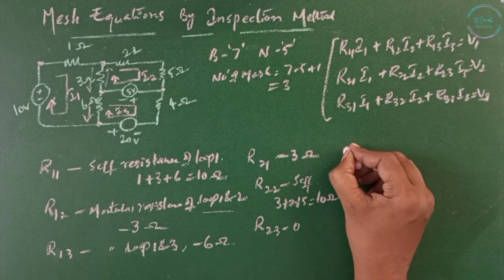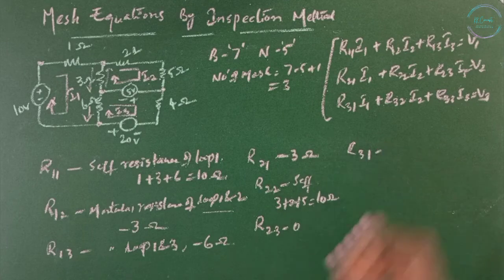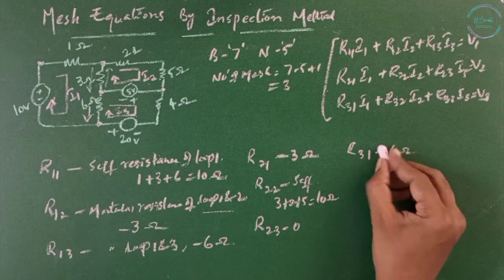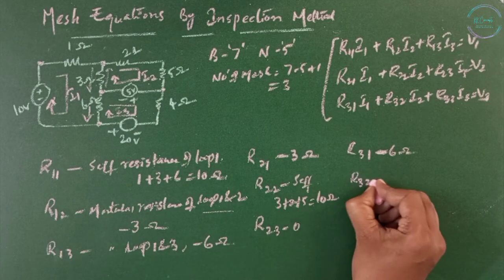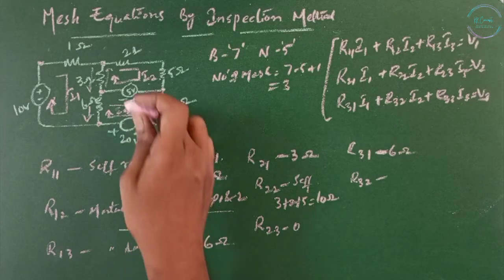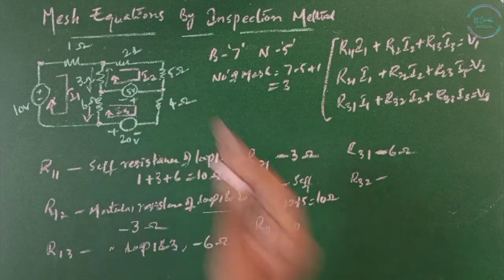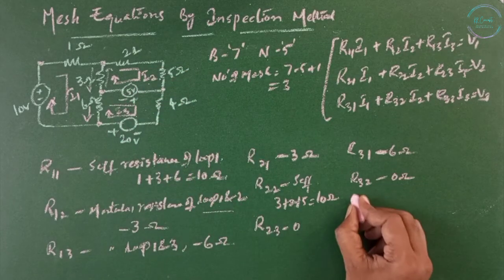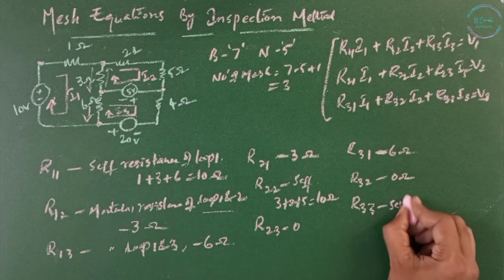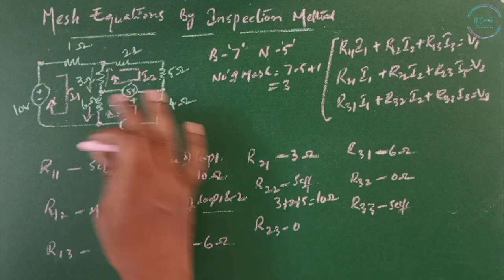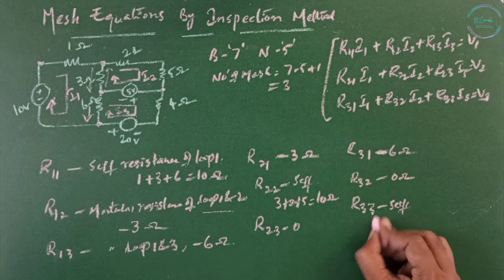Then R31 is the mutual one between 3 and 1, which is 6 ohms as we have already seen, and this is a negative value. R32, there is no mutual resistance between 3 and 2, so 0 ohms. And R33 is the self resistance of loop 3, that is 6 plus 4 is 10 ohms.